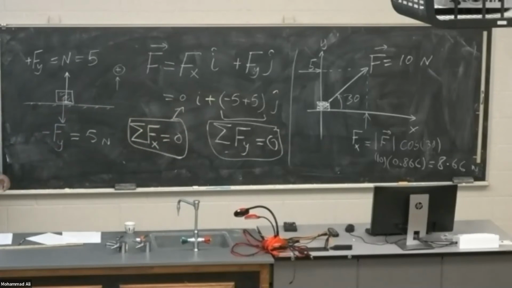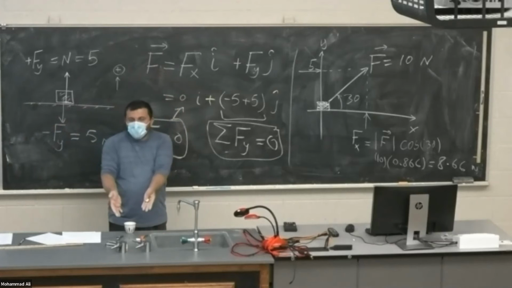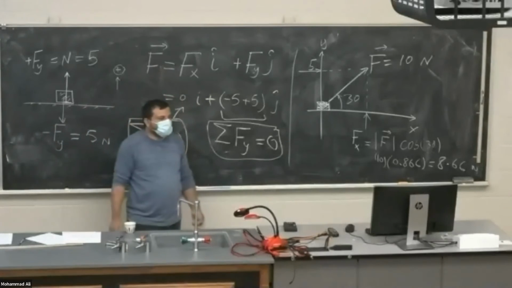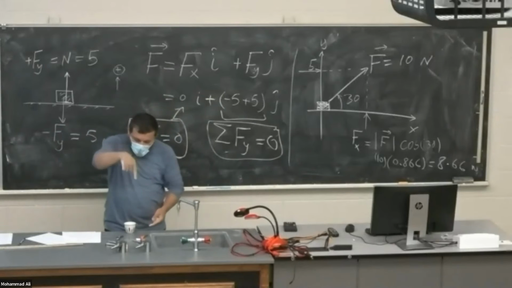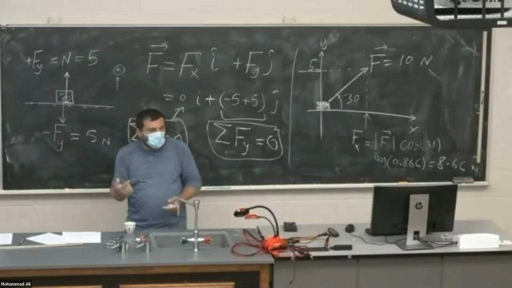If my forces in the X and Y directions are 0, then the total force is 0, even if there is a mass or a weight downward and the reaction normal force upward.